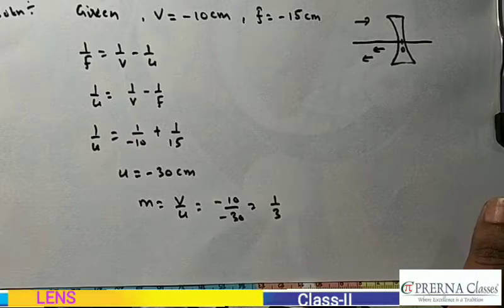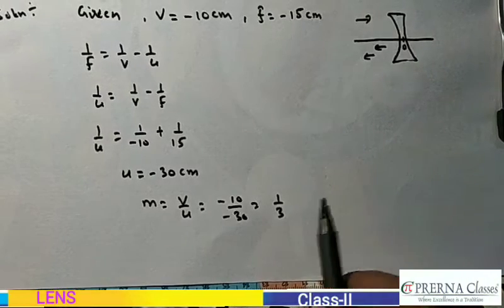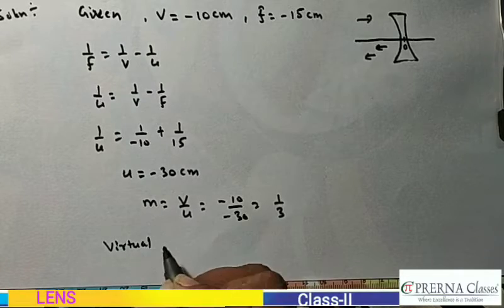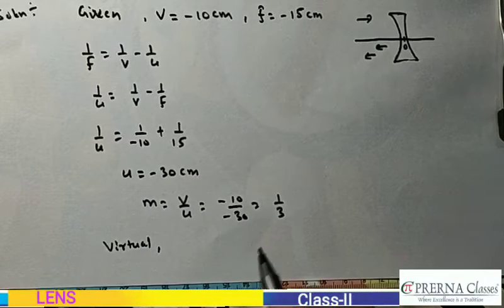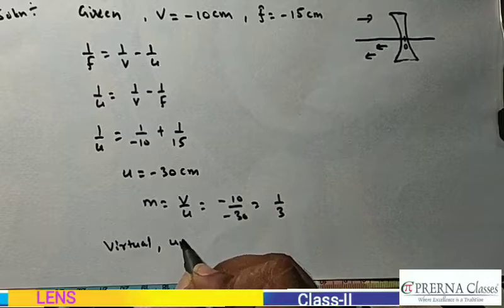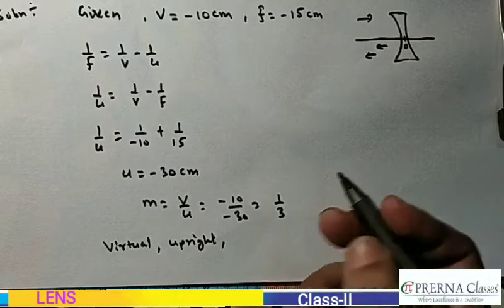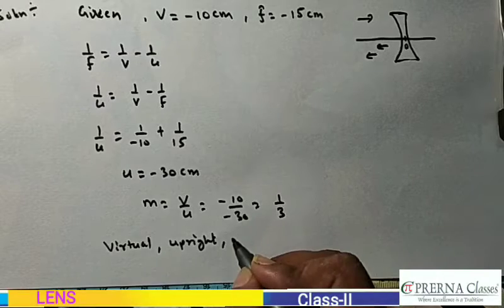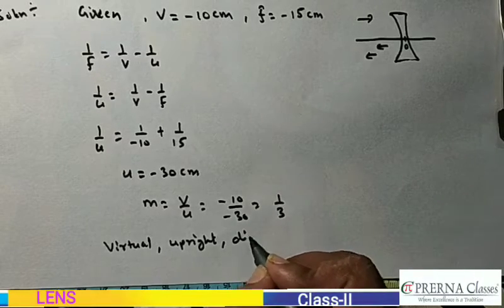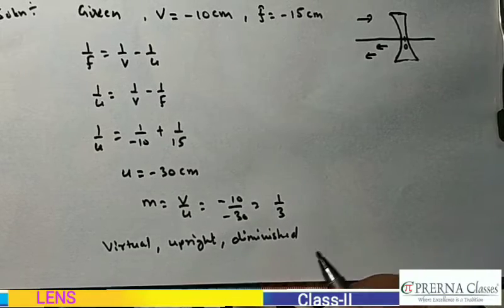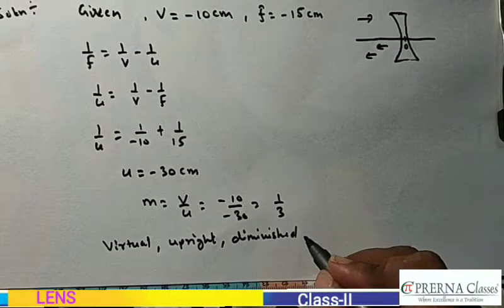So here the image will be virtual. Magnification is positive, so we can write it will be upright or erect. And this is diminished. Image formed will be diminished. Clear?